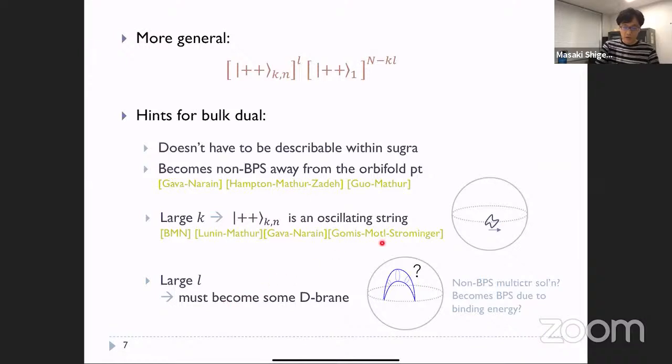So that's one piece of information. And also, if you consider large n, so if you raise this state to a large power, then because you're exciting many copies of the same strand, you are going to have many fundamental strings on top of each other, and that's expected to puff up into some D-brane in general. Okay, so these are some hints of what you expect for this general case.